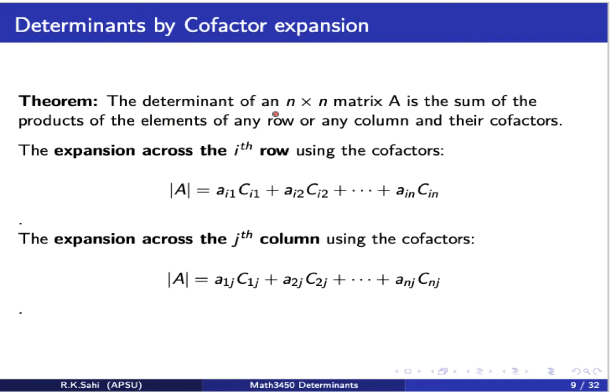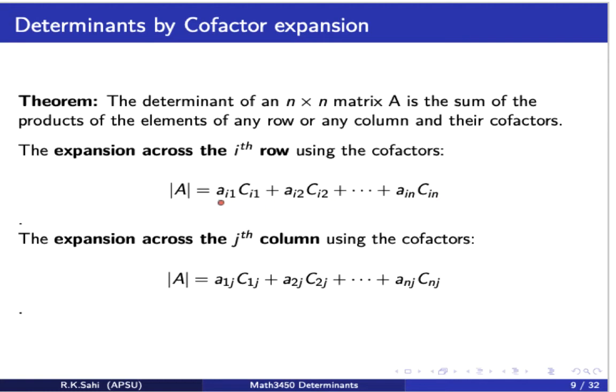It says the determinant of an n cross n matrix is the sum of the products of the elements of any row or any column and their corresponding cofactors. For example, if I want to expand across the ith row, that means the determinant of A is Ai1 Ci1 plus Ai2 Ci2 dot dot dot plus Ain Cin.